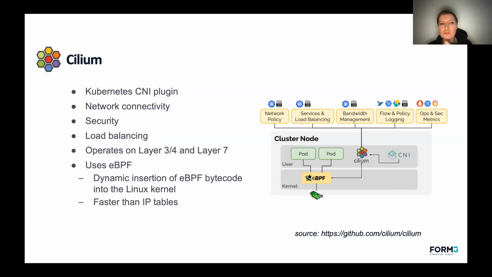So it's supposed to be much, much faster than iptables, because with iptables and large chains inside iptables, you have a problem of linear search. Basically, the more pods you have, the slower your routing is.